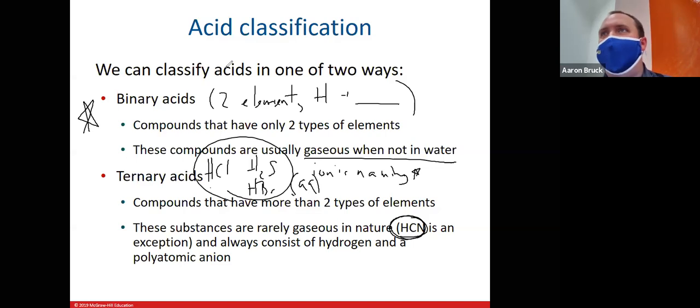CN minus, cyanide ion, has the same -ide ending and behaves kind of like a binary acid does. Hydrogen cyanide gas is extremely toxic and corrosive. When that hydrogen cyanide gas is dissolved in water, it begins to act like an acid.